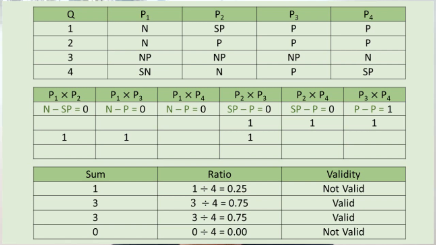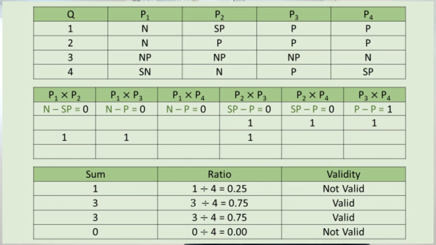After pairing them, let us identify how many of them have had a consistent or the same response. Looking into the responses of person 1 and person 2 for question number 1, the response of P1 is N, negative. The response of P2 is SP, strongly positive.